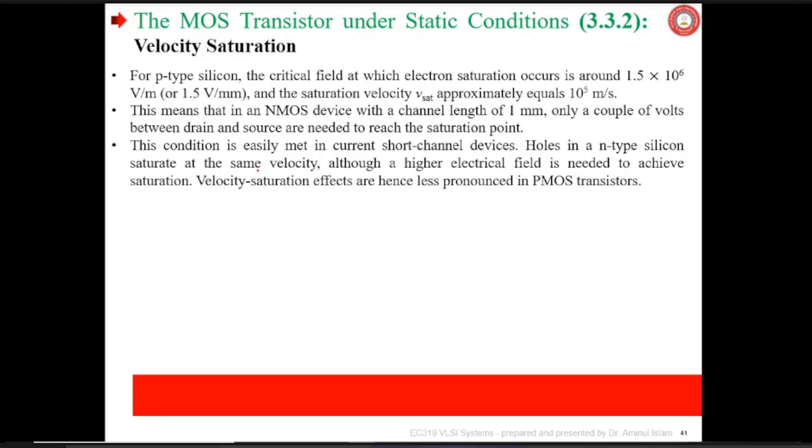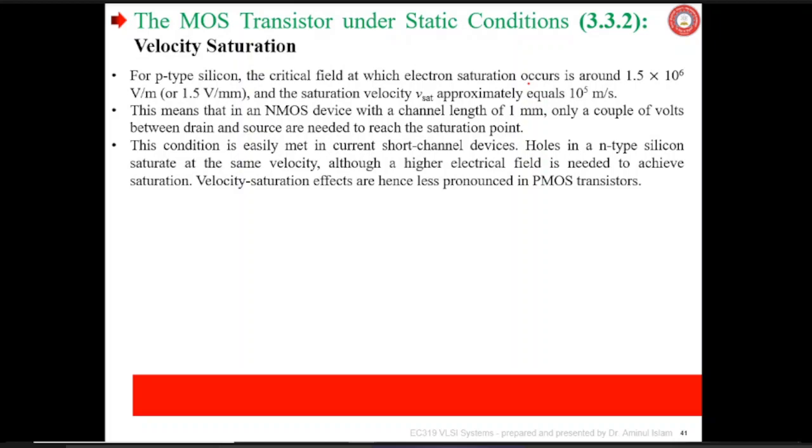Okay, so here some data is given for p-type silicon. The critical field at which electron saturation occurs is 1.5 × 10⁶ volt per meter, or 1.5 volt per micron, and saturation velocity is approximately 10⁵ meter per second.